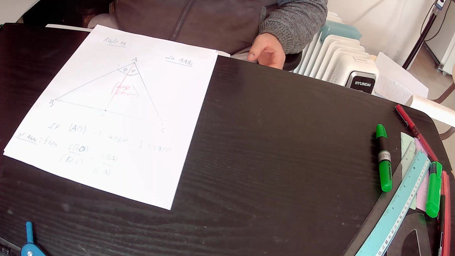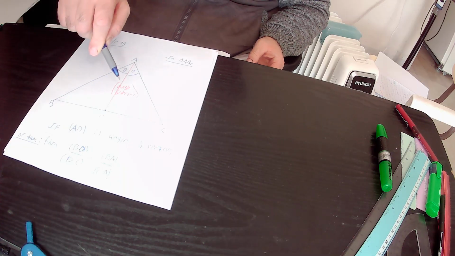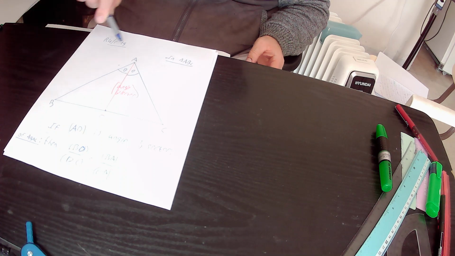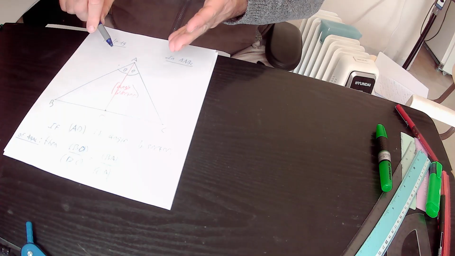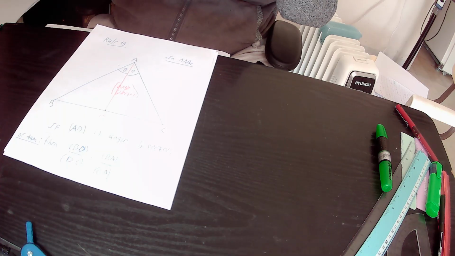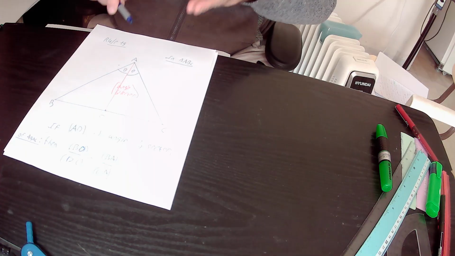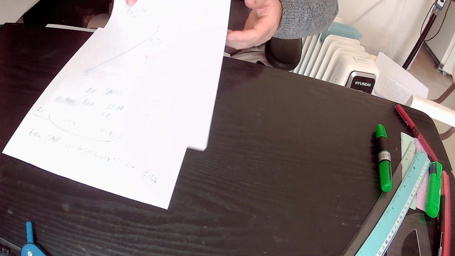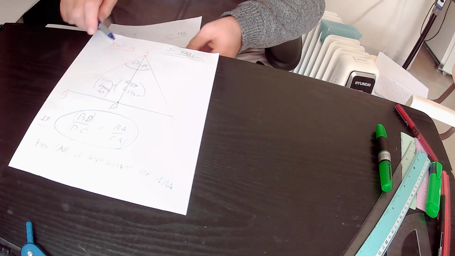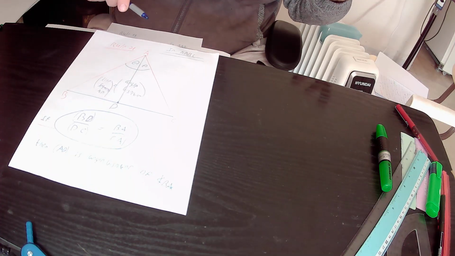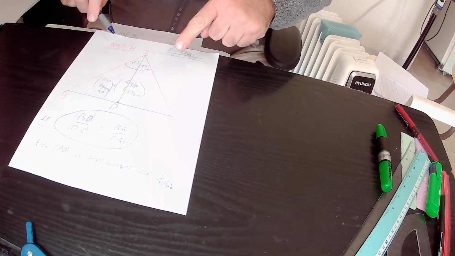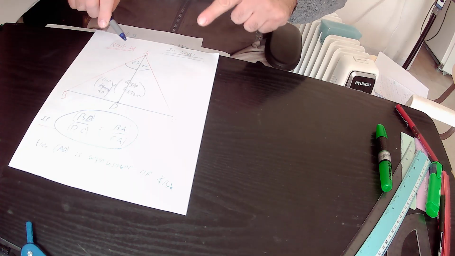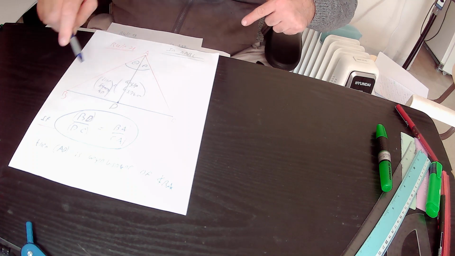If we know that AD is the angle bisector of triangle ABC, then angle bisector AD divides the sides of this triangle ABC proportionally. The converse rule of the angle bisector theorem is rule 21. In this triangle ABC, we don't know that AD is the angle bisector. It is just a line segment. But we know that line segment AD divides the sides of triangle ABC proportionally. That is to say, we know that BD over DC equals AB over AC.